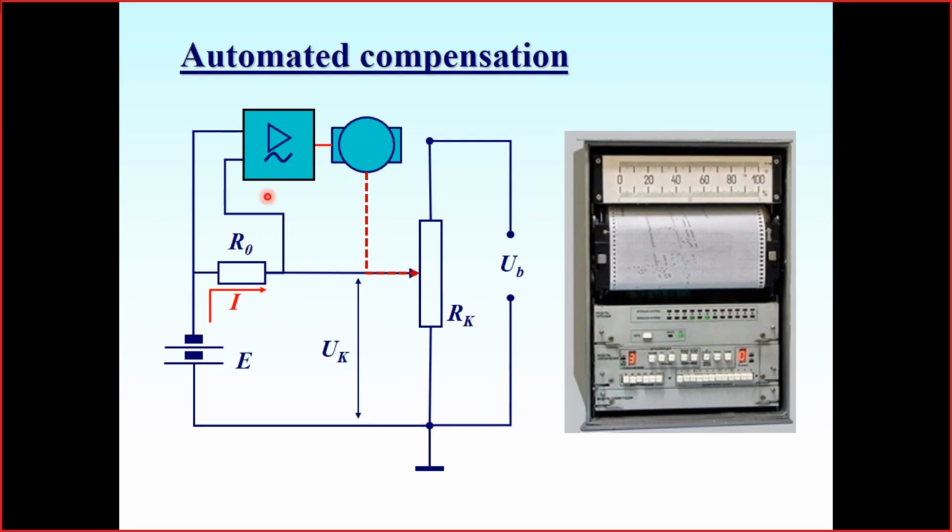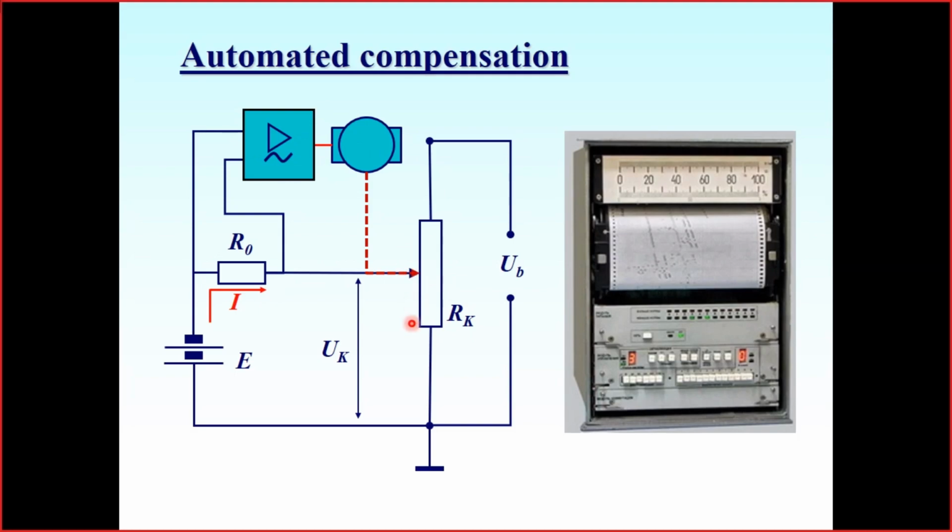So the instrumental amplifier measures the voltage across the resistor R0, and if this voltage is not zero, it provides a control signal for the motor. The motor rotates the shaft to change the potentiometer position either up or down.